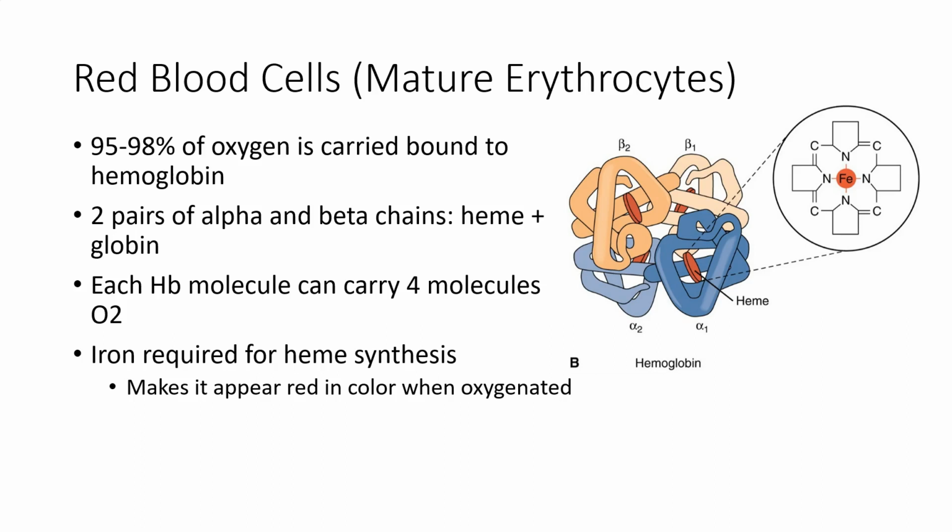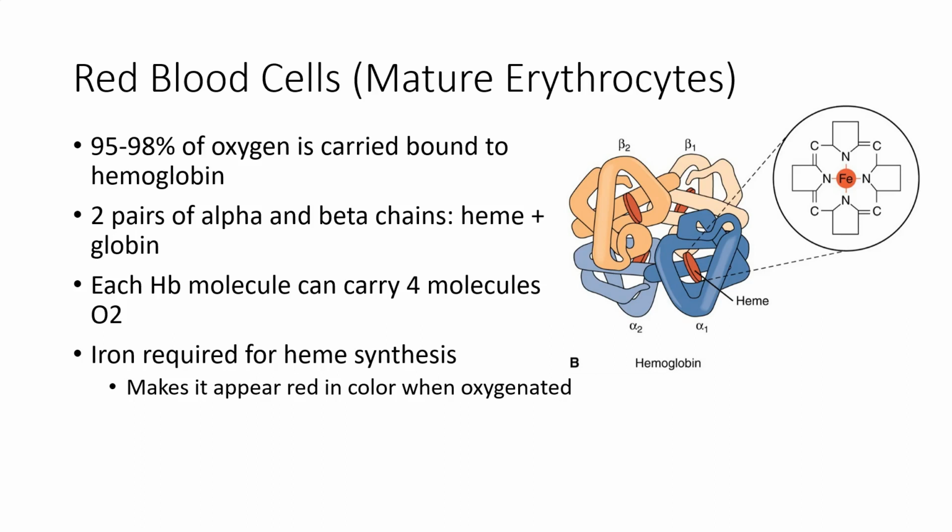A hemoglobin molecule is composed of two pairs of structurally different alpha and beta polypeptide chains. Each of these four polypeptide chains consists of a globin and a heme unit. So each molecule of hemoglobin can carry 4 molecules of oxygen.